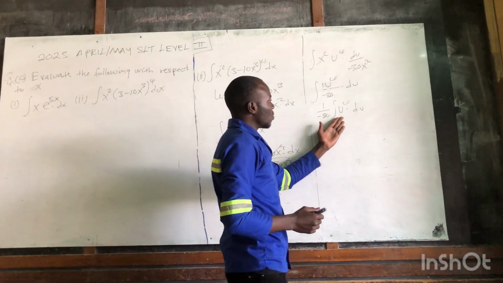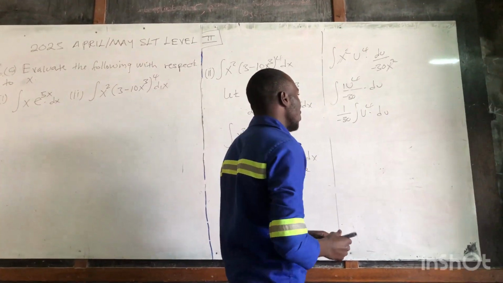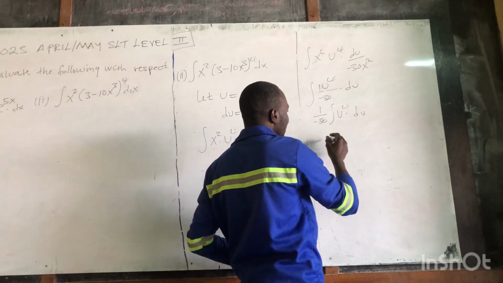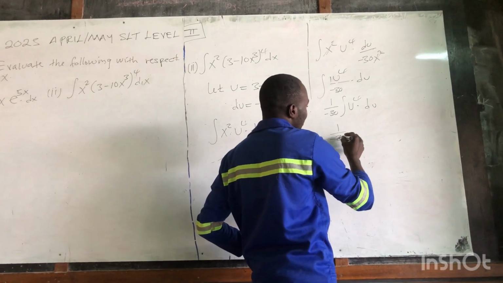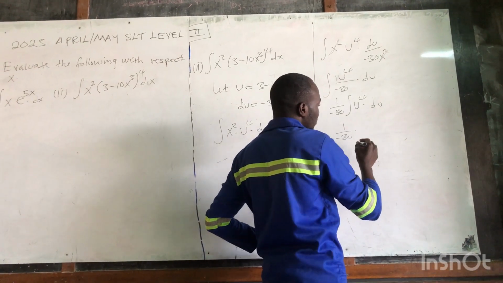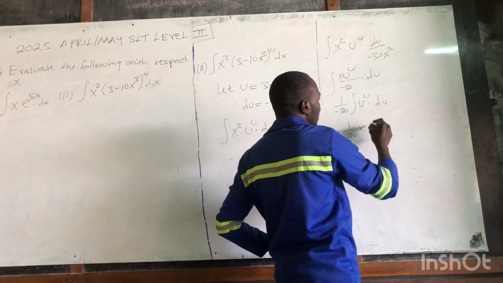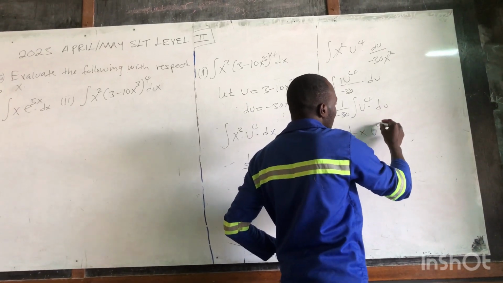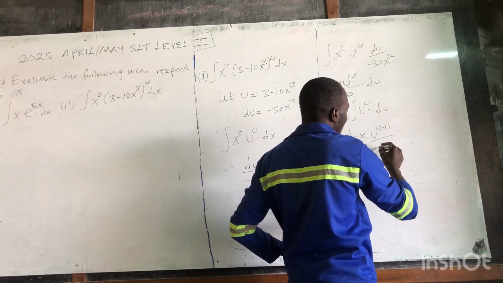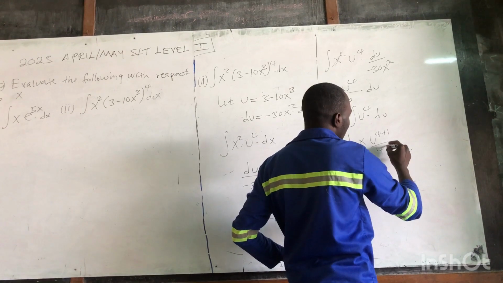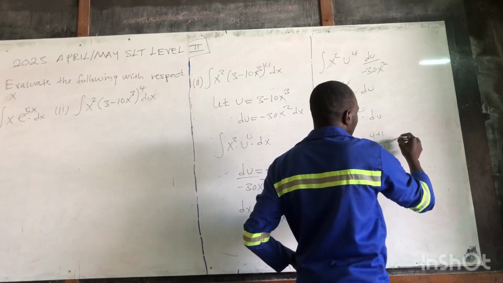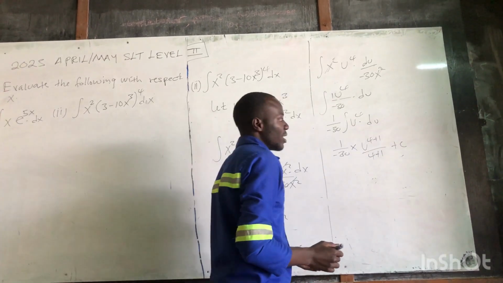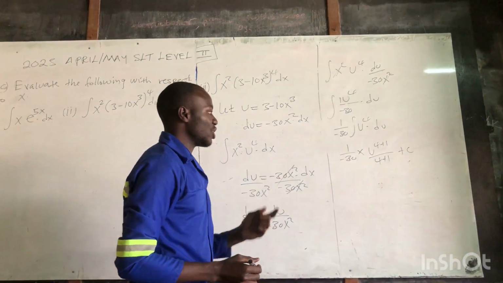We are going to use the power rule of integration. Let's maintain 1 over negative 30, times u to the power 4 plus 1 over 4 plus 1, plus c, because this will be the end of the integration.